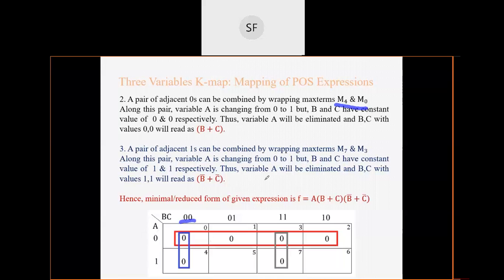So here variable A will be eliminated, and BC has the value 0 0. We are in the product of sums expression, so 0 is nothing but the uncomplemented variable, and you have to write it in the summation form, the sum of two variables.